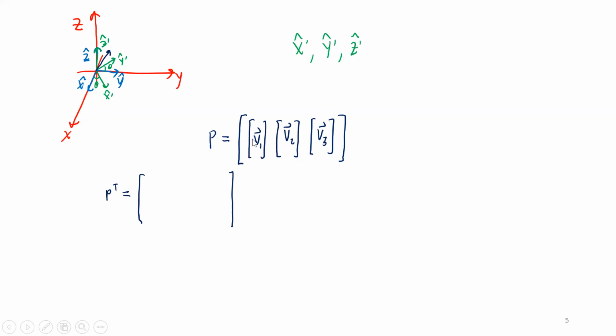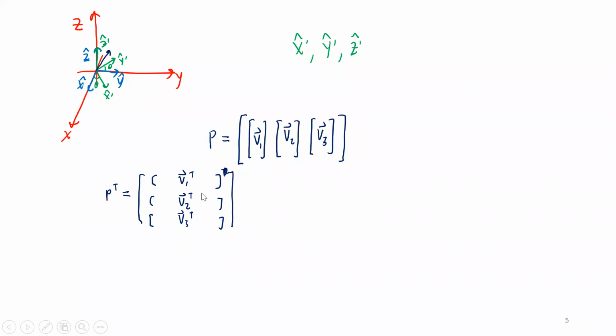As I said, the columns become rows. So this one is my V1, and then here V2, and then here V3. Column becomes row.